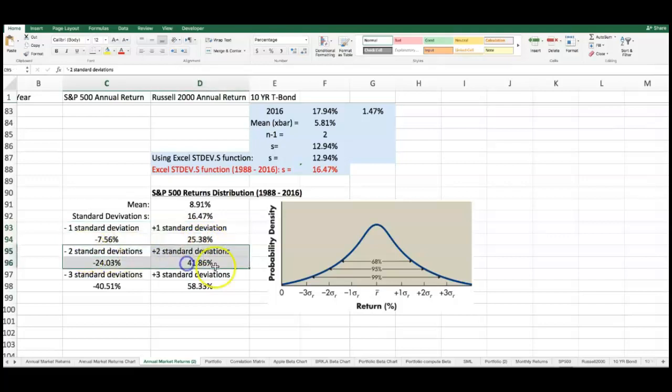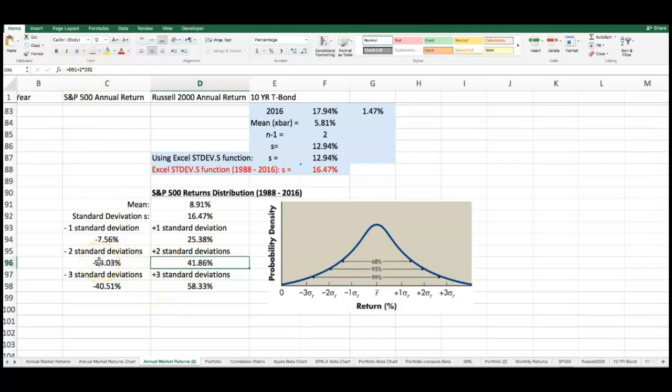And if we go out ±2 standard deviations, so we're just taking the mean, 8.91, minus 2 times 16.47, that's where we come up with a -24.03, to plus 2 standard deviations of 41.86%. Again, I urge you to look at these cell formulas.